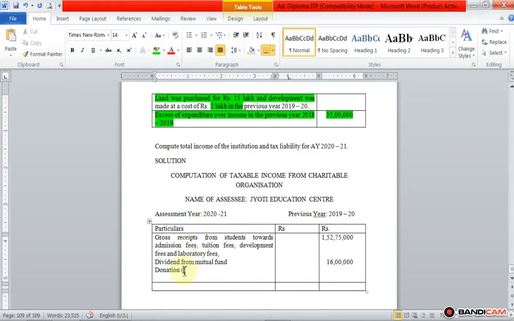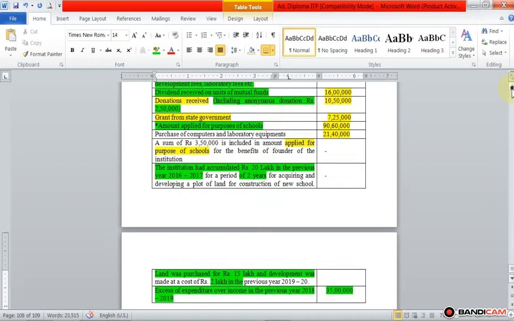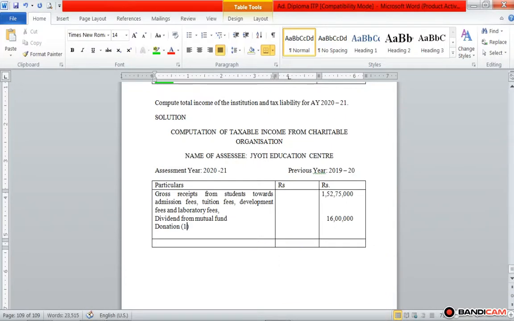Okay, so here total donation is rupees 10 lakh 50,000 minus anonymous donation 2 lakh 50,000. So the donation amount is 8 lakh, the voluntary contribution received from public.